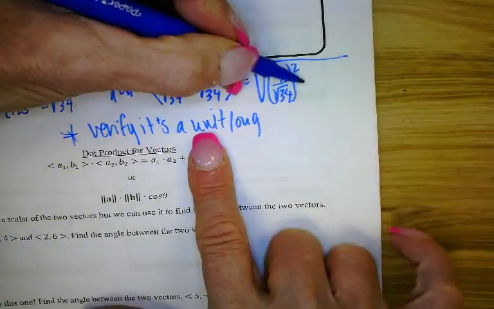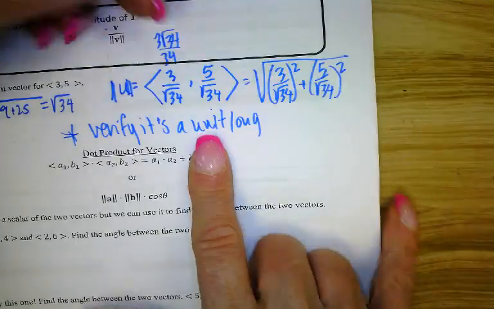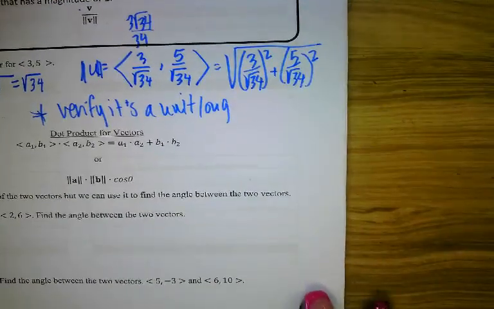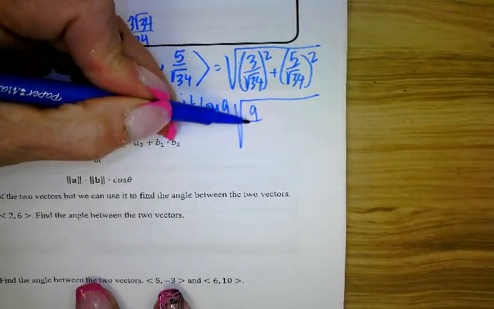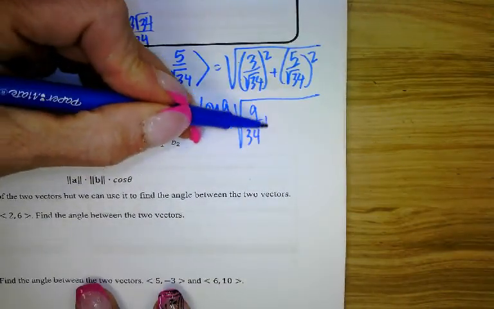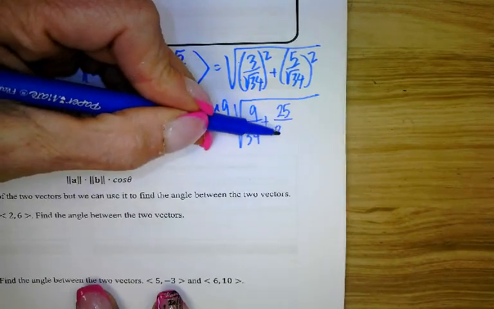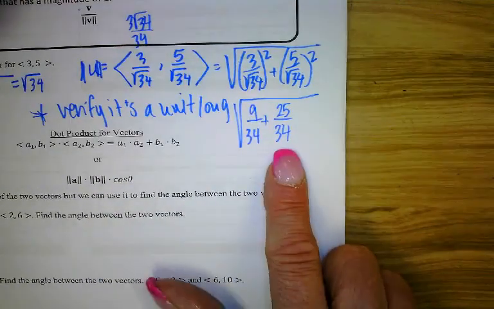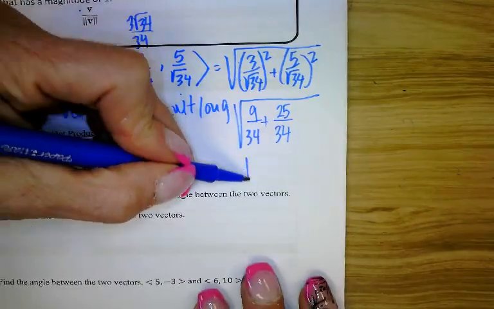Please don't get a calculator out. This is not hard. So 3 squared is 9. The square root of 34 squared is 34. 5 squared is 25. The square root of 34 squared is 34. Add these two fractions that now have a common denominator, and you get 34 out of 34, which is 1, and the square root of 1 is 1. It's a unit long.